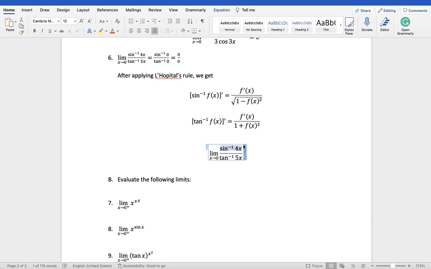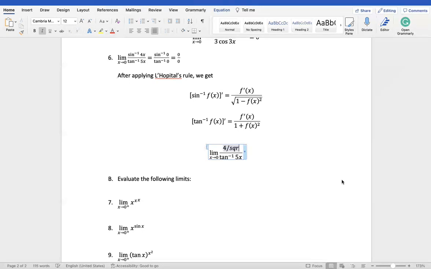4 divided by the root of 1 minus 16x squared.